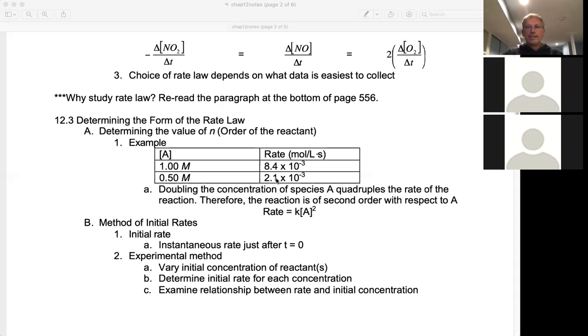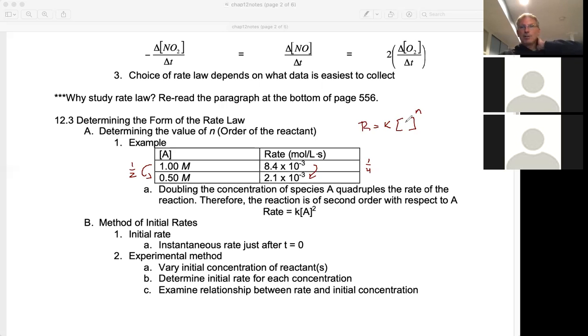Does that make sense? Yep. Okay, so in this case, when I cut the concentration in half, what happened to my rate? 1/4 down. Ooh, that is the important thing to recognize. So I cut my concentration in half, but my rate is 1/4. So if I say rate is equal to some constant, we'll talk about that in a little bit, times my concentration to a power.